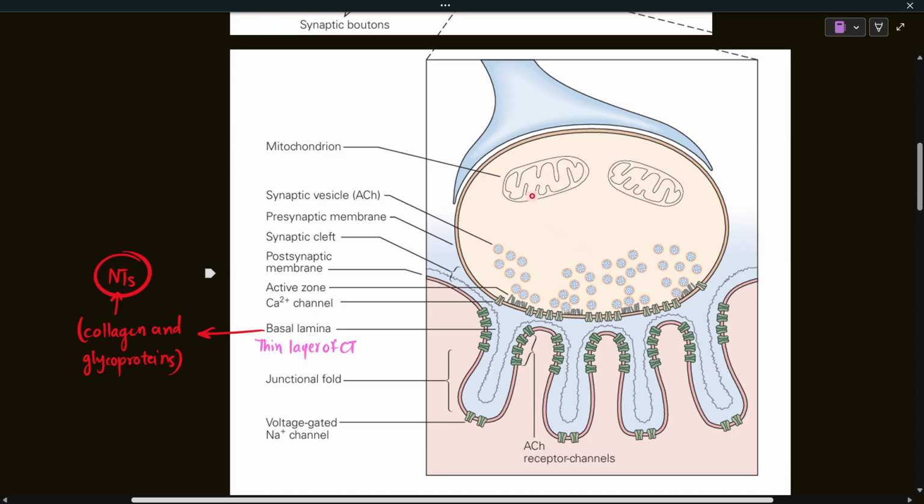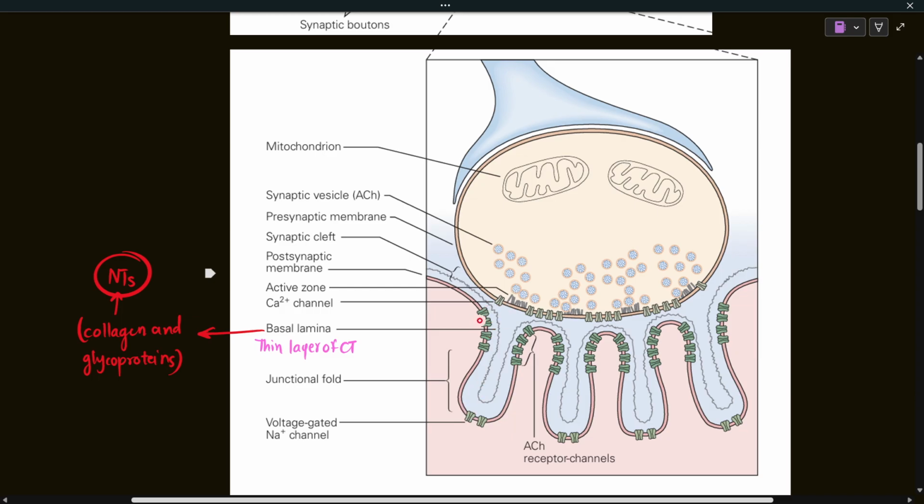When the neurotransmitter is released after synaptic vesicle fusion, it travels through the basal lamina and binds to the receptors on the postsynaptic membrane.